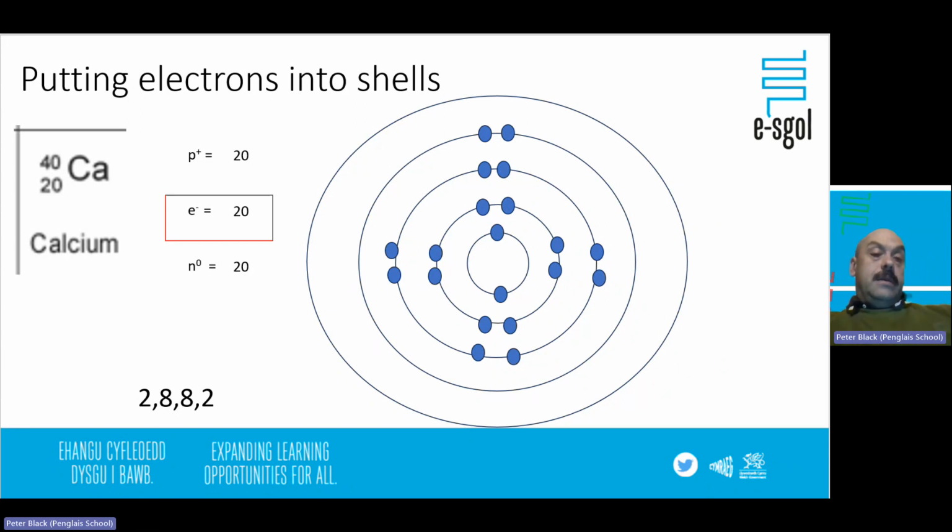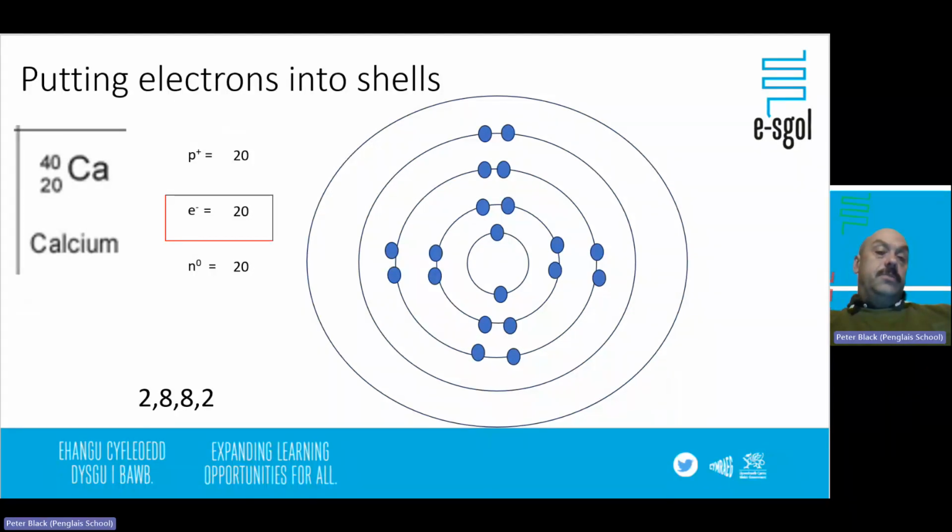We're going to put our electrons into the shells. Remember, the protons and neutrons are going to go here, right in the middle, in an incredibly small structure, our nucleus, and we're going to put our electrons on the shells. Now, we've got 20 electrons here, and when you put electrons on shells, it's really quite simple. First of all, we work our way from the very first inner shell right next to the nucleus, and we work our way outwards.